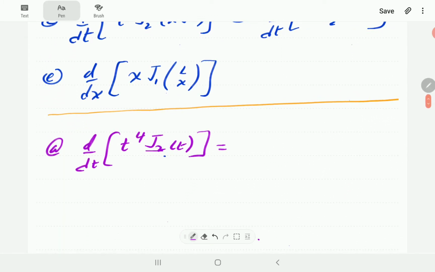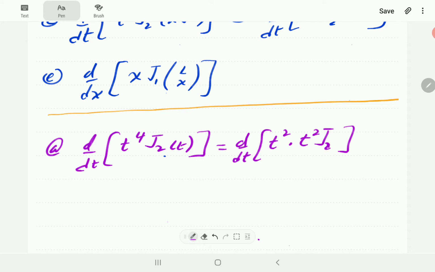So here we still have J2, so if that was t to the power 2, then that would be an exact derivative. So we are going to write this as t squared times t squared J2. Henceforth we'll just write this as J2, but we know it's J2 of t.